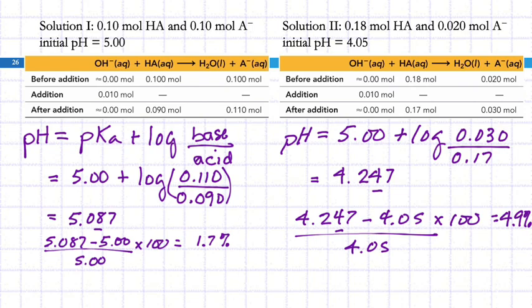So the buffer that has equal amounts of acid and conjugate base to start with will be able to absorb more base or acid that's added, and the pH will change less. Any questions?